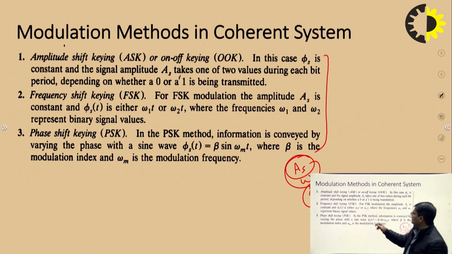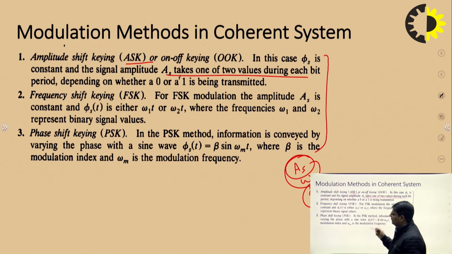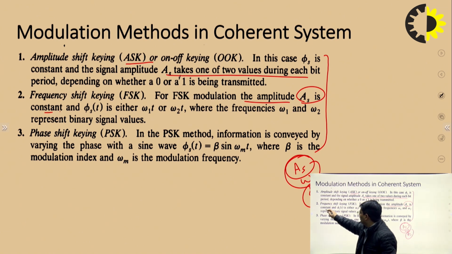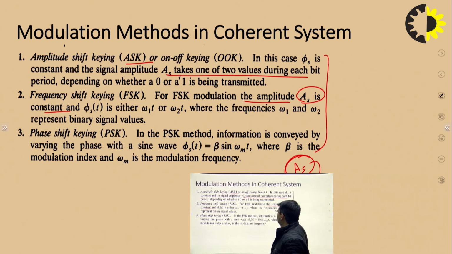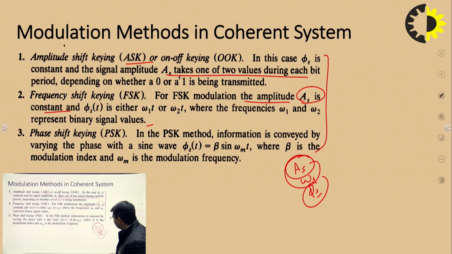For example, in ASK, amplitude is varied and the remaining two, phase and frequency, remain constant, whereas for FSK modulation, the amplitude is constant and the phase is also constant. So in coherent detection, we can use ASK, FSK or PSK. Any modulation scheme can be used.